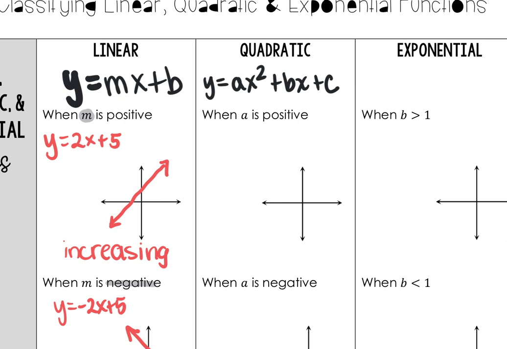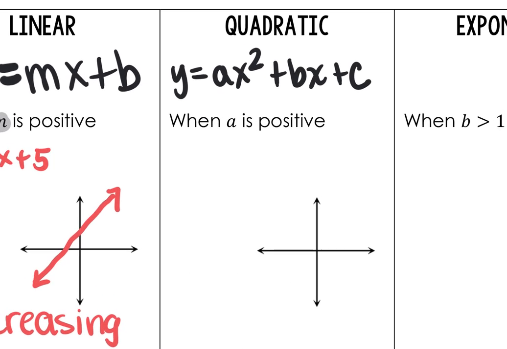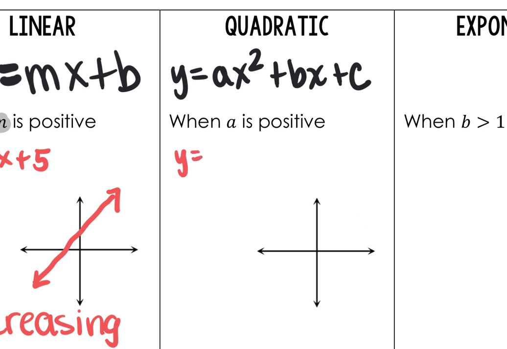Well, with this leading coefficient, the a value, if the a is positive, let's write an example. If we had something like y equals 2x squared plus 5x plus 1.